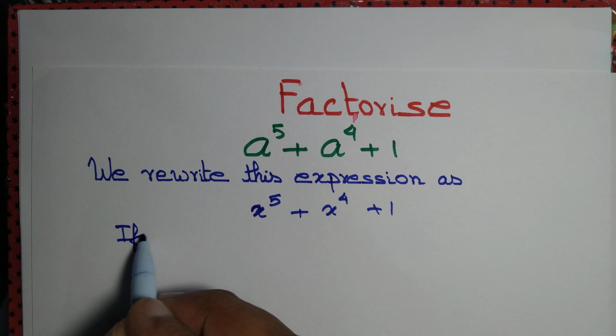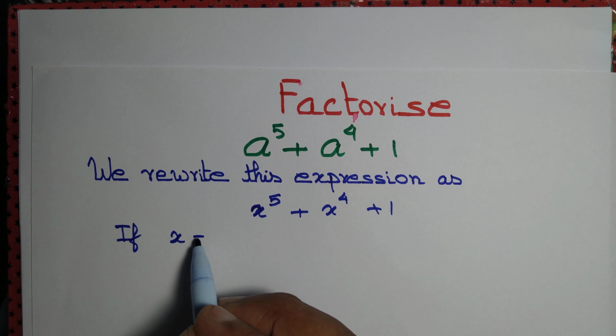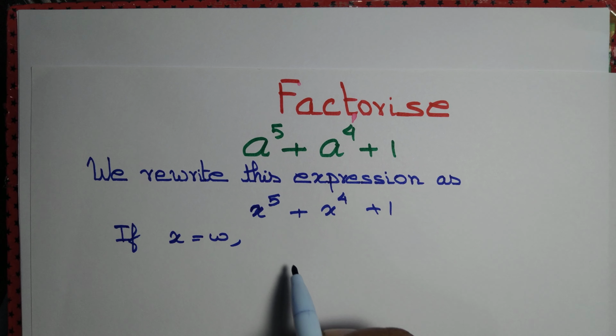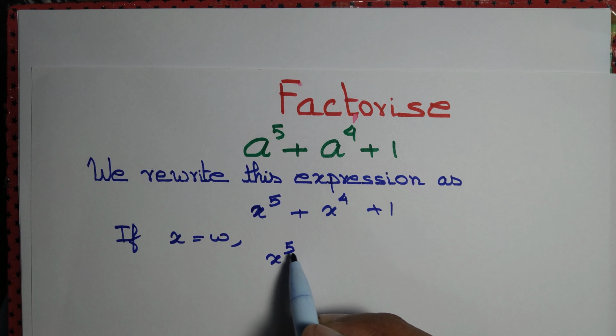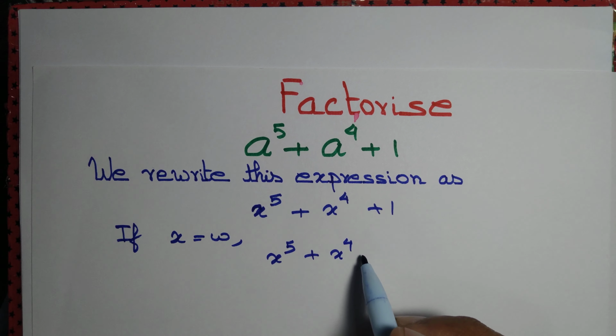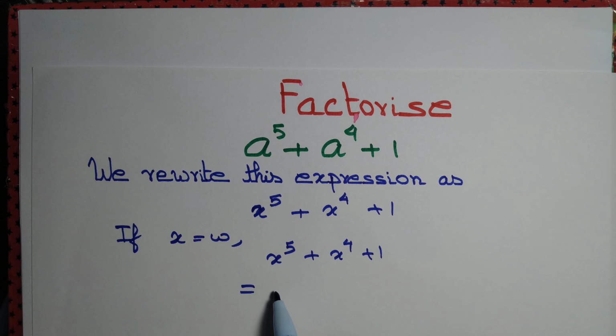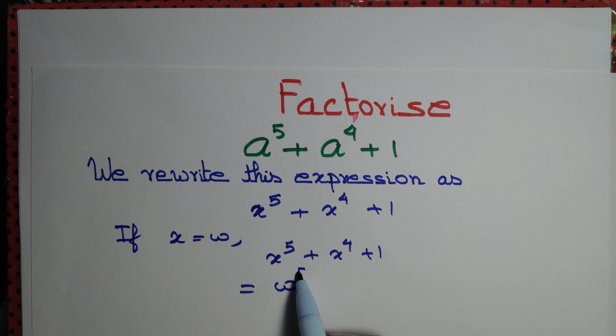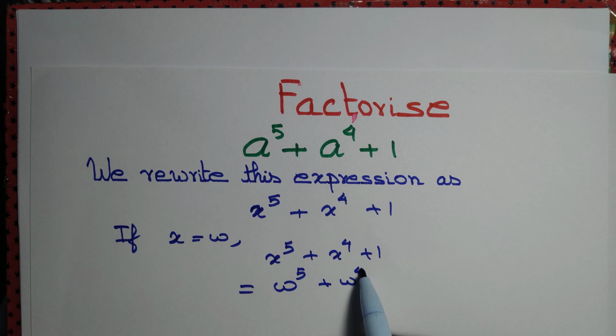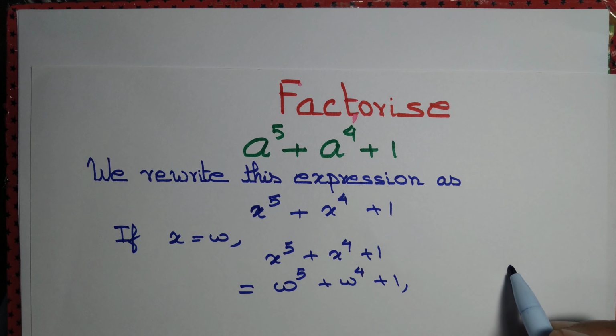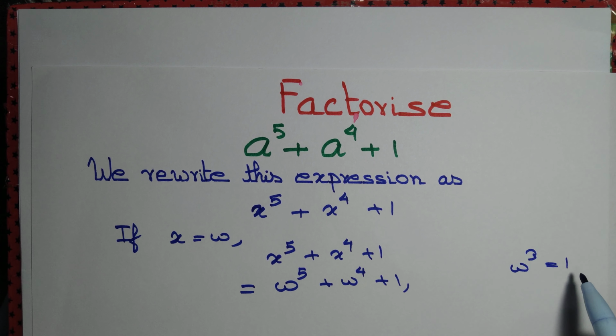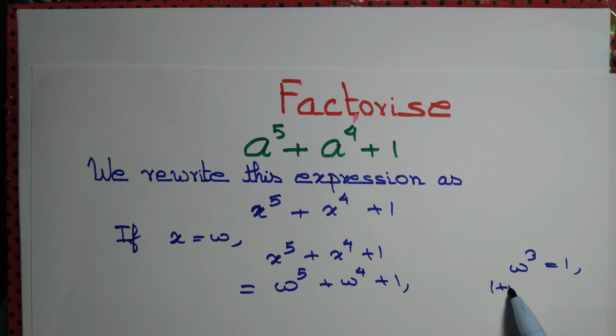if I take x equal to omega, x to the power 5 plus x to the power 4 plus 1 equals omega to the power 5 plus omega to the power 4 plus 1, where omega cube equal to 1 and 1 plus omega plus omega square equal to 0.